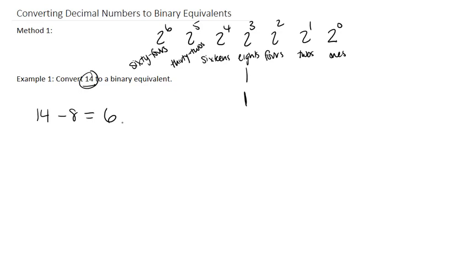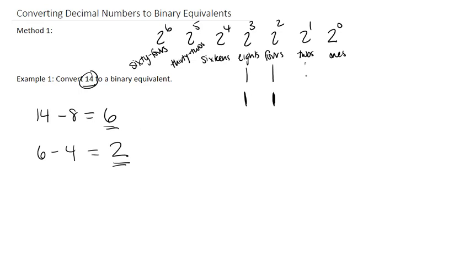So then the next thing will be to look at 6 and to see if it has a whole, as we move to the right, if it has a whole 4 in there, which it does. Because we can go 6 minus 4, which is equal to 2. Then we see we have a 2. And we see we're at our 2 spot.